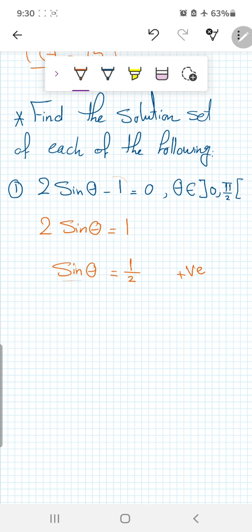Okay, sine is positive in what quadrants? Here 0, 90, 180 and 270, 360.